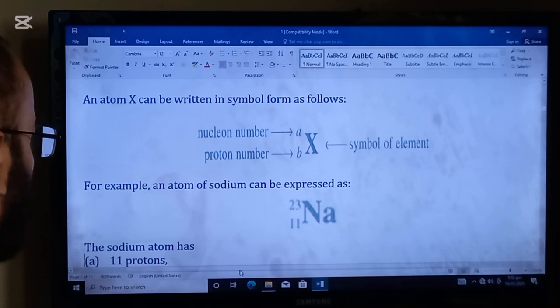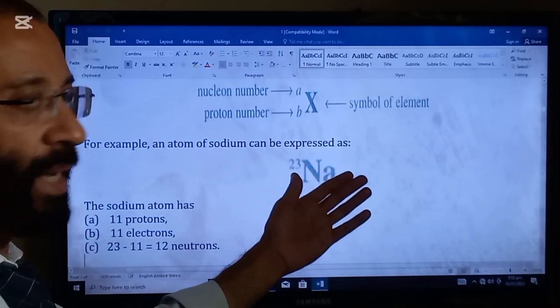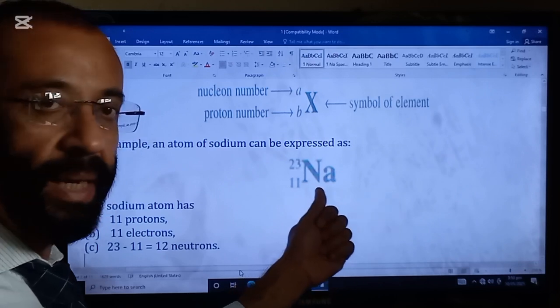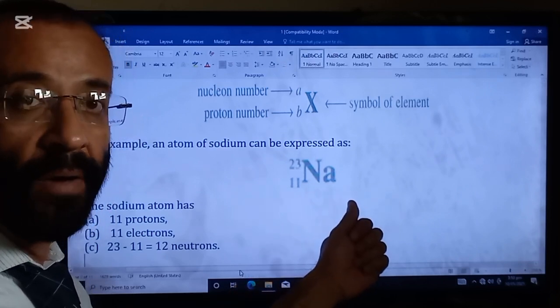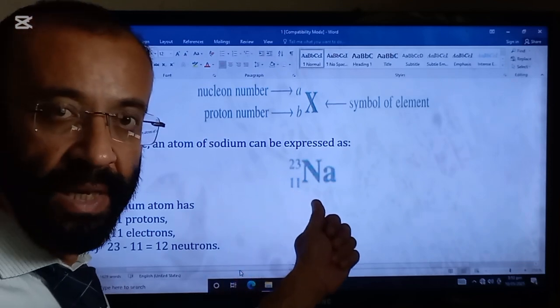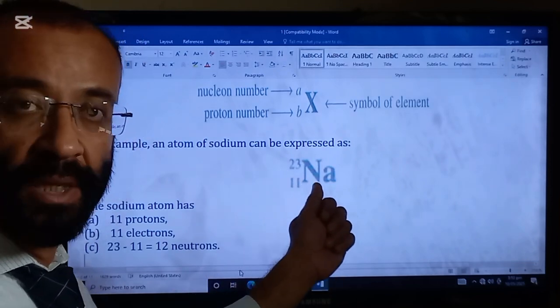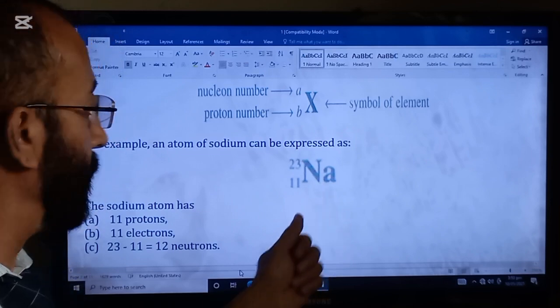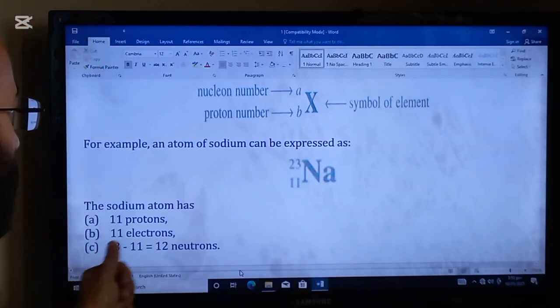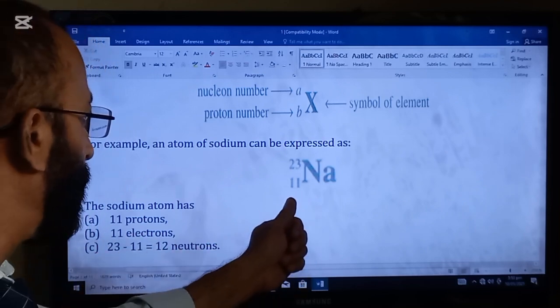For example, an atom of sodium can be expressed as Na, which is the symbol of sodium. The bottom number 11 is called proton number, and the top number 23 is called nucleon number. So, in this atom, we are having 11 protons.